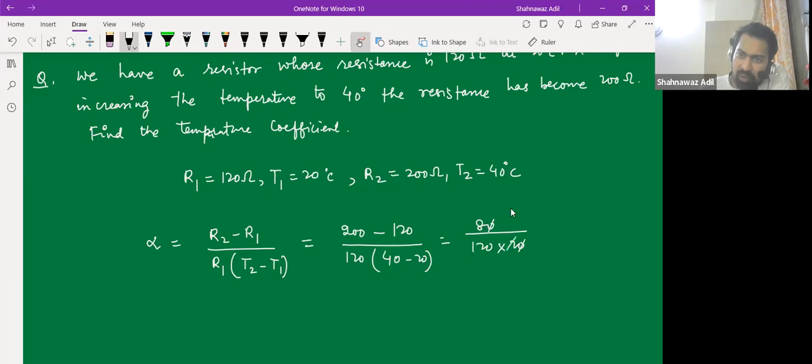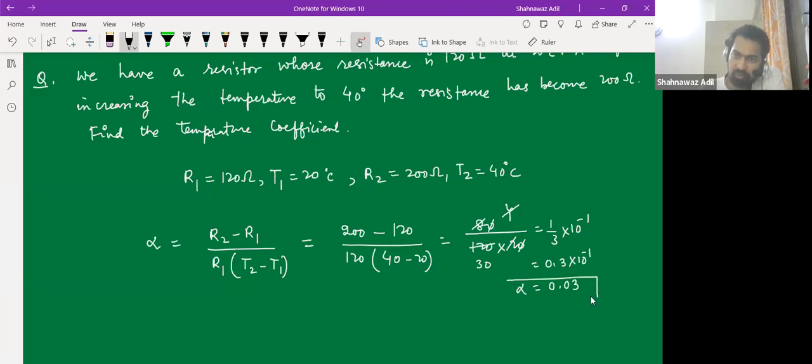This is 4 and this is 30. So 1 by 3 into 10 to the power minus 1, which is 0.3 into 10 to the power minus 1, so this is 0.3. Right. So this is the temperature coefficient. Is this part clear?